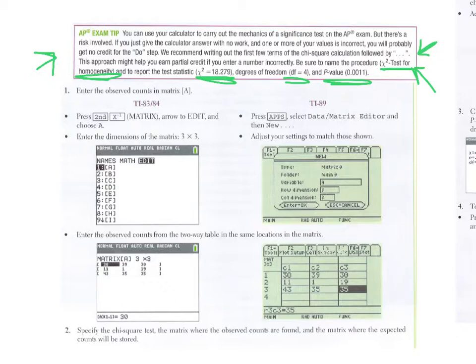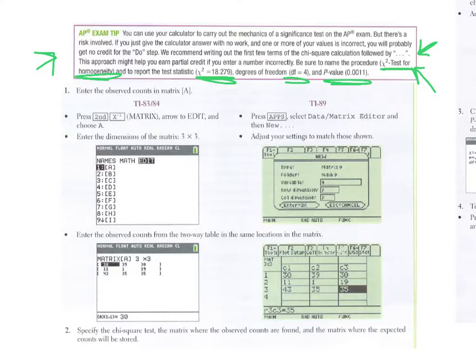So the first thing you're going to do is use a matrix on your calculator. You guys are probably more familiar with matrices than I am. You're in matrix A, you're going to enter your dimensions, which are basically the size of your two-way table, not counting any of your header columns, rows, or totals.